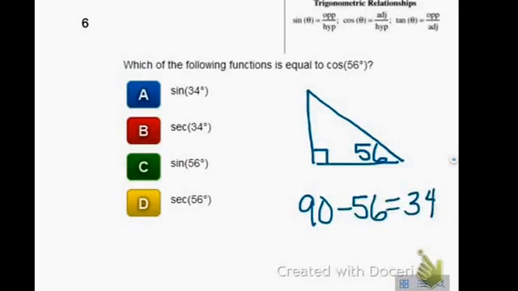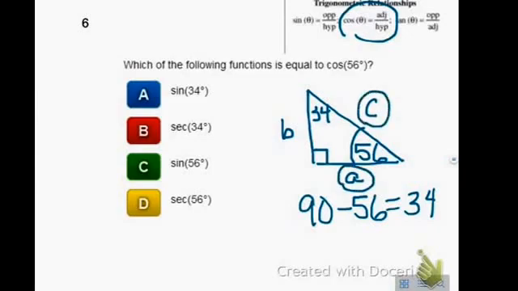So I know the other acute angle has to be 34. So then we could say this side is A, this side is B, and the hypotenuse is C. So cosine 56 would be adjacent over hypotenuse. So that would be A over C.